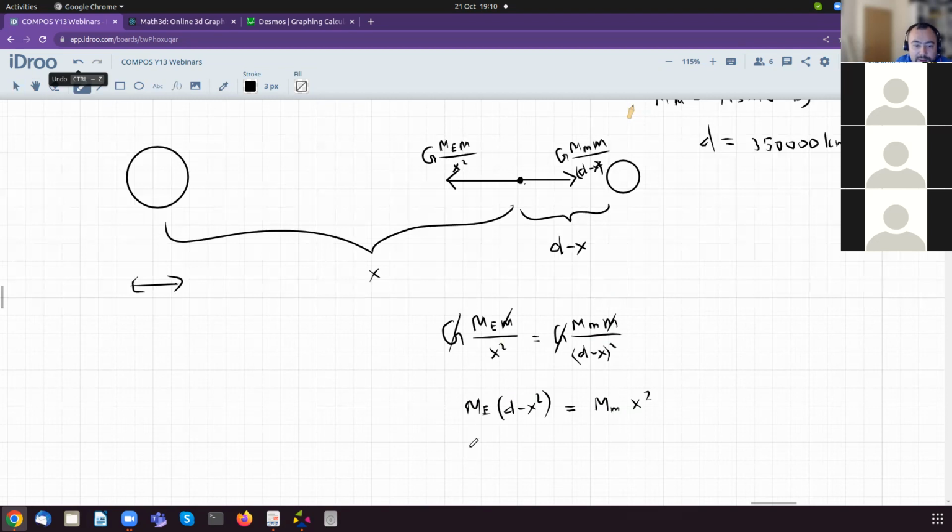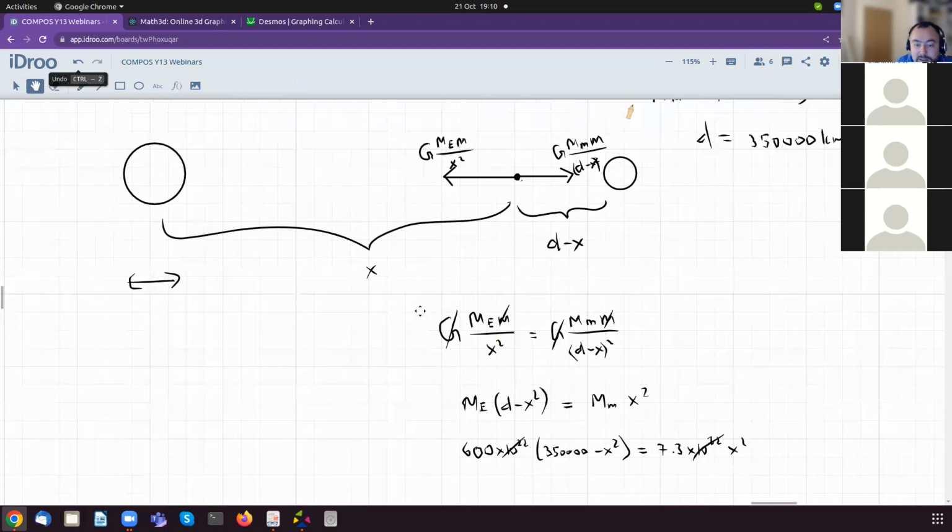So mass of Earth is 600 times 10 to the 22, 350,000 minus x squared, equals 7.3 times 10 to the 22, x squared. 10 to the 22 cancels, and you get a quadratic equation.